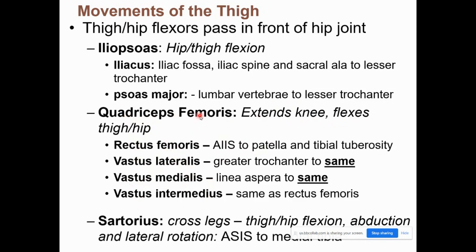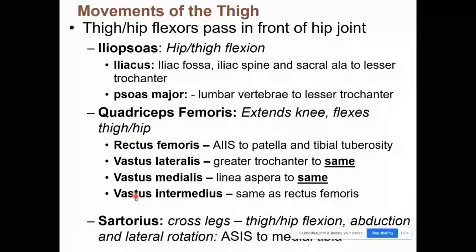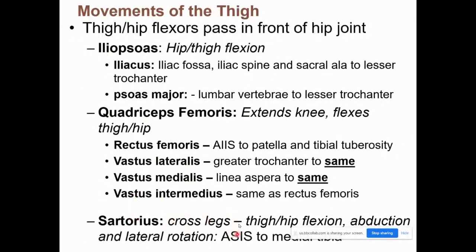So those belong to the quadriceps femoris, which extend the knee, where the iliacus and psoas major belong to the iliopsoas group, which flex the hip. So we have two good groups of muscles, know the groups, and the action. Sartorius, if you remember cross legs, you're good, and that's a 3-in-1 deal, hip flexion, adduction, and lateral rotation. When you put all of these three together, it crosses one leg over the other.